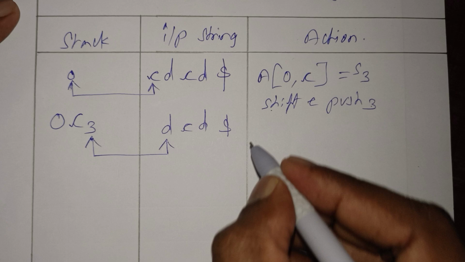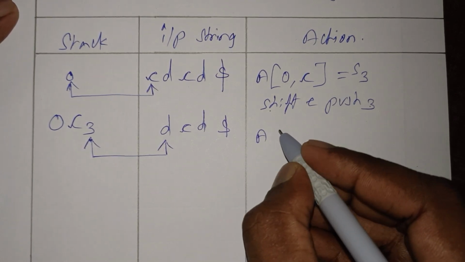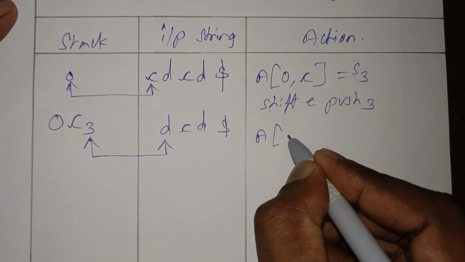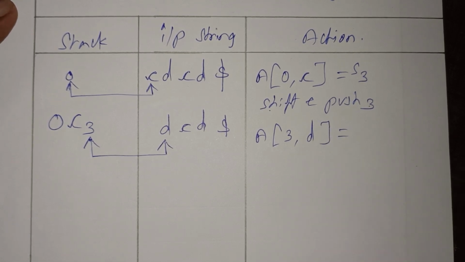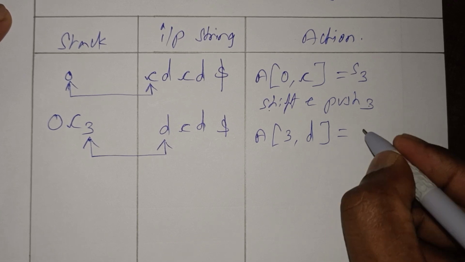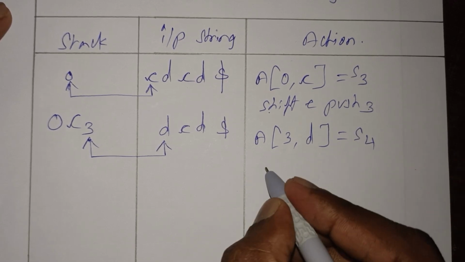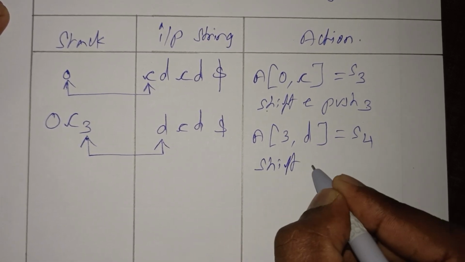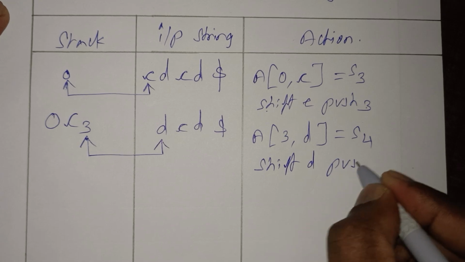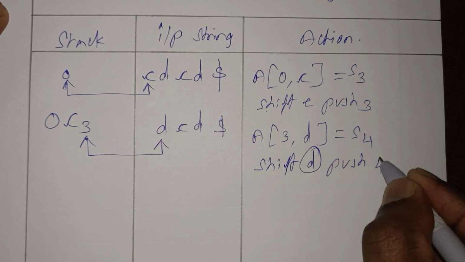So now we got this. The action of this step is action of 3 comma small d. Go to the previous table and see what exactly we are getting. We are getting s4. Now you know very well what action is going to be performed. We are going to shift small d and push 4, small d and 4.